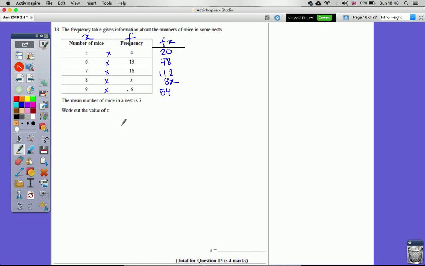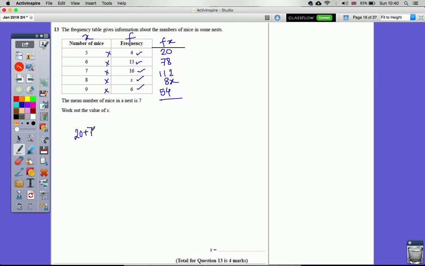Now if I add all of these together, the total frequency is 4 and 16 is 20, 13 and 6 is 19, so that's 39 plus x. If I add the fx and divide by the f, I will get 7. So we're going to form an equation. Here I'm going to add 20 plus 78.